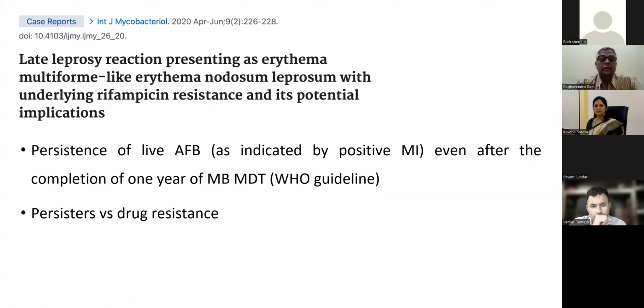So this is something that we need to think about in a patient who has this background history. Persistence of acid-fast bacilli, as indicated by a positive morphological index even after completion of MDT, indicates either she has a persistence which became reactivated now, or drug resistance.